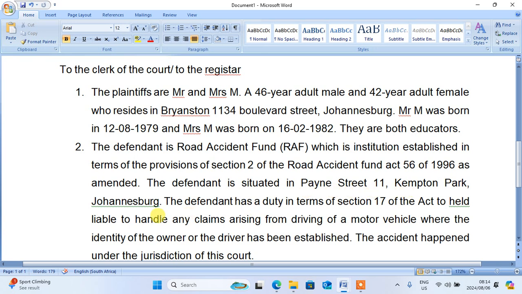The defendant has a duty in terms of Section 17 of the Act to handle any claims arising from driving a motor vehicle where the identity of the owner or the driver has been established. The accident happened under the jurisdiction of this court. So you are writing to the Road Accident Fund.